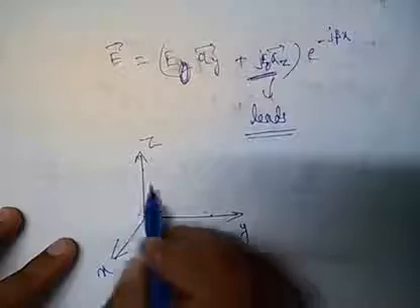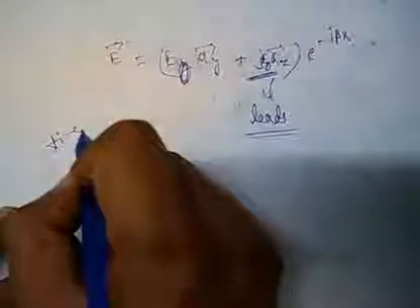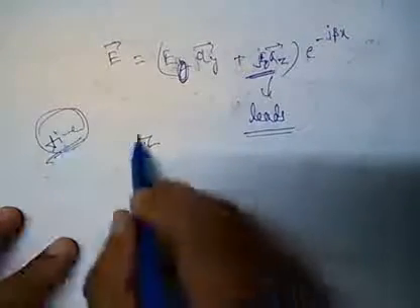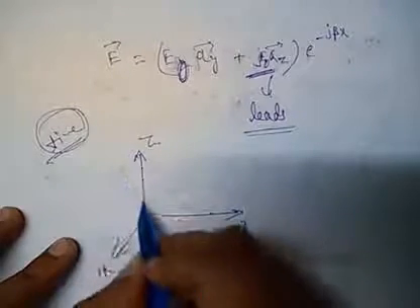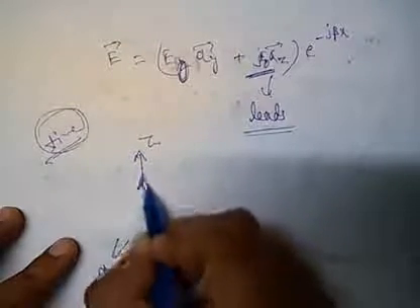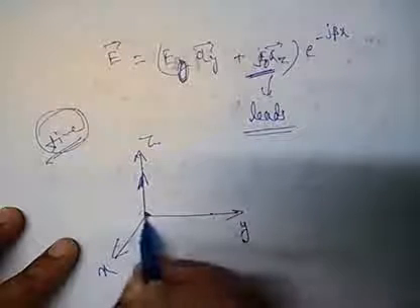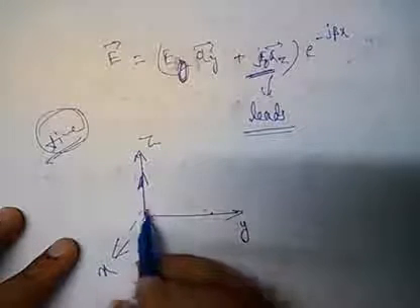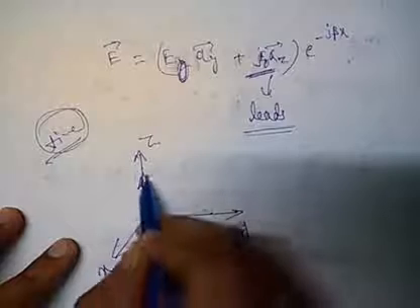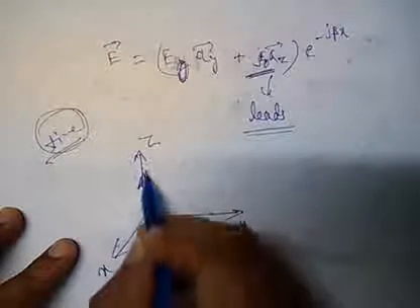At the initial time first the z component will come, and at that time the y component will be very small, so the overall resultant electric field will be towards this.